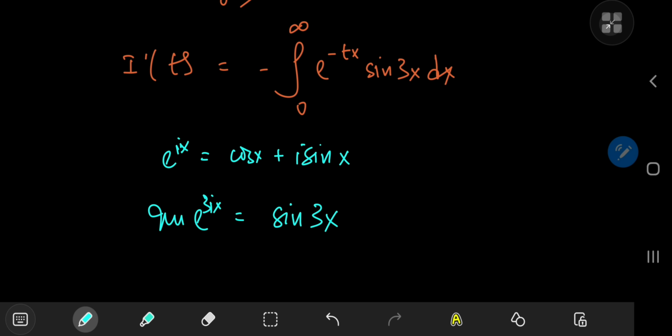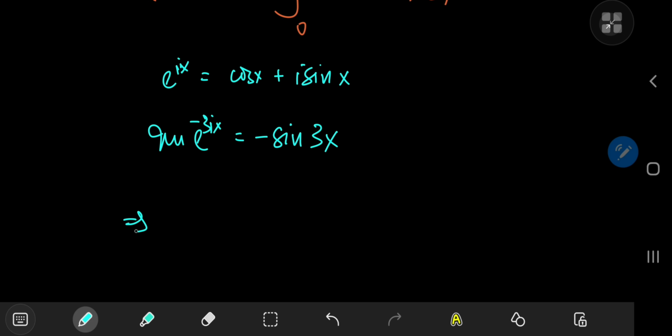And there's a negative sign here as well, and we know that the sine function is an odd function, so let's just pop in a negative sign here, so that we know that the imaginary part of e to the negative 3ix equals negative sine 3x. So yeah, that gets rid of one pesky negative sign for now, that is.